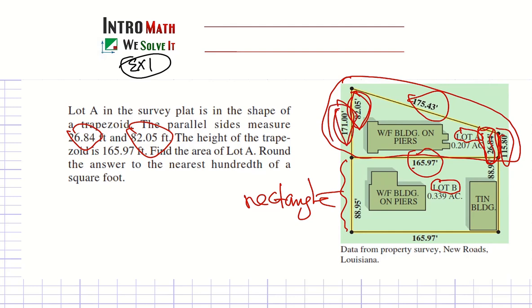Then they gave you the height of the trapezoid, which is 165.97. This is the height right here. So the thing is, we're not dealing with the rectangle, just keep that in mind.